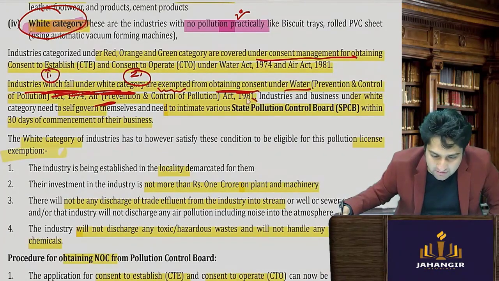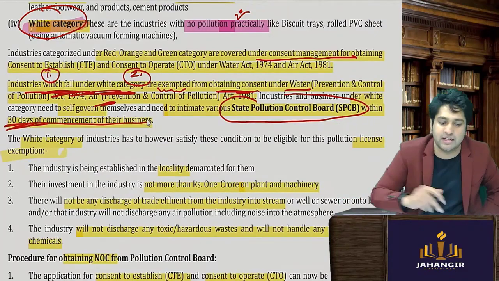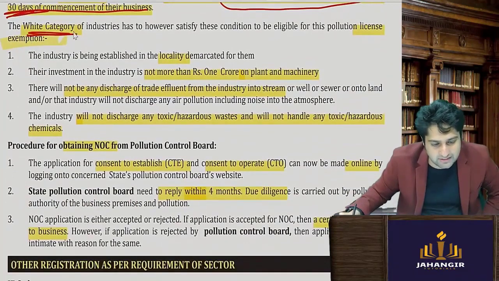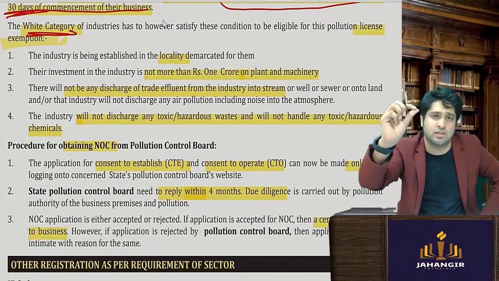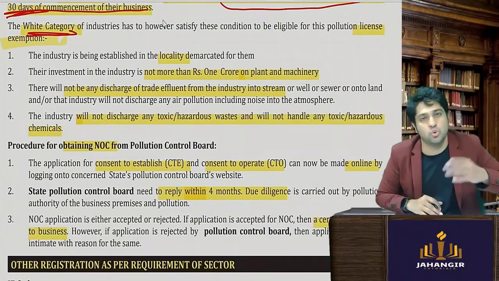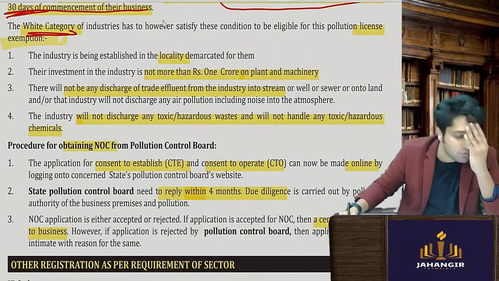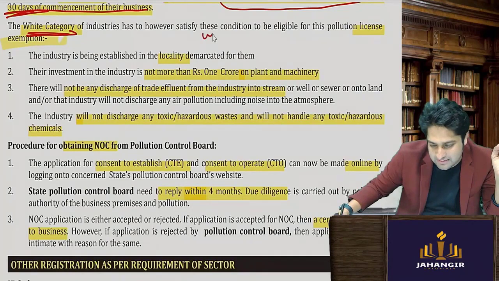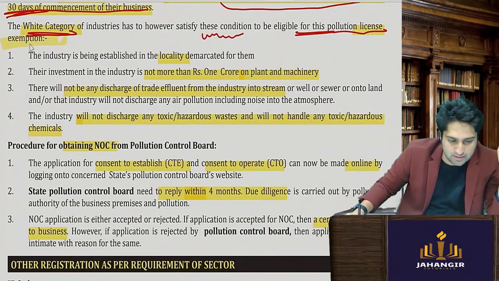You have the state pollution control boards, and you have to take the approval within 30 days. Now again, white category industries: they can ask you what is white category, what is orange, what is red, explain. So 2 to 3 marks they will nicely ask you. Now let's see. White category, however, has to satisfy these conditions to be eligible for this exemption.